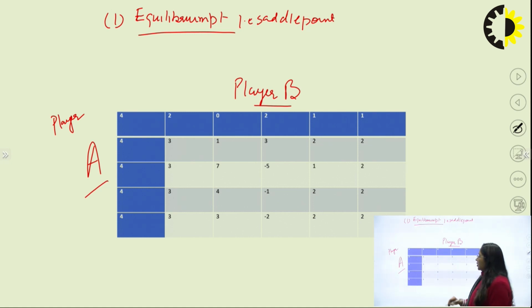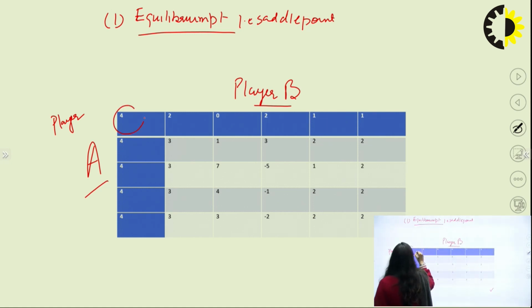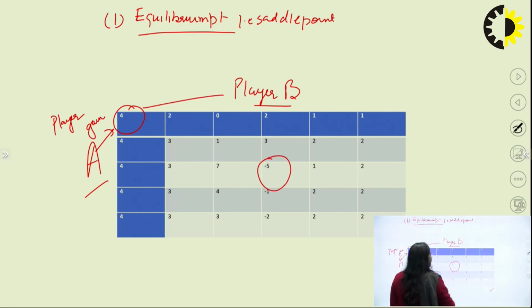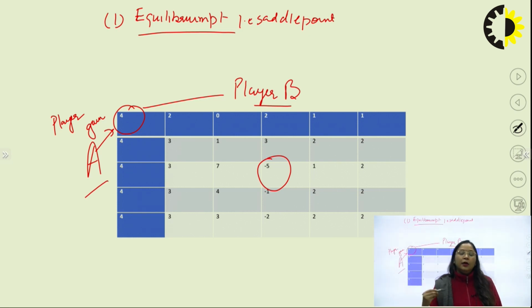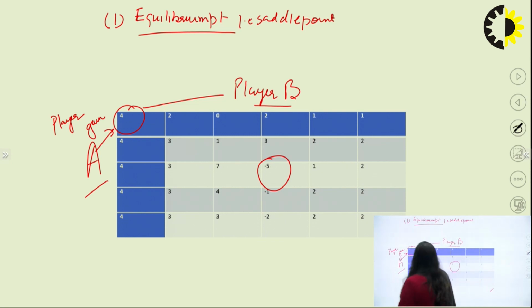Payoff matrix means when it is a positive 4, that means it is the gain of player A and loss of player B. When there is a negative term like -5, that means it is a profit of player B and loss of player A. So both the profit and losses of these players can be represented by this payoff matrix.